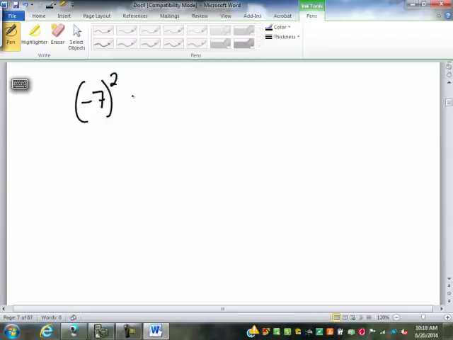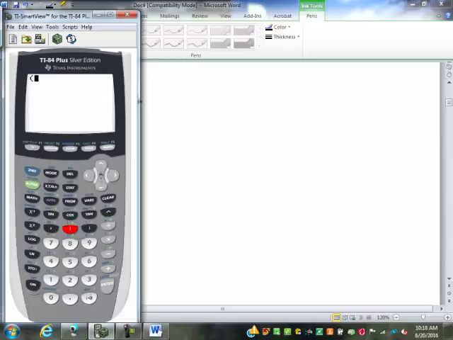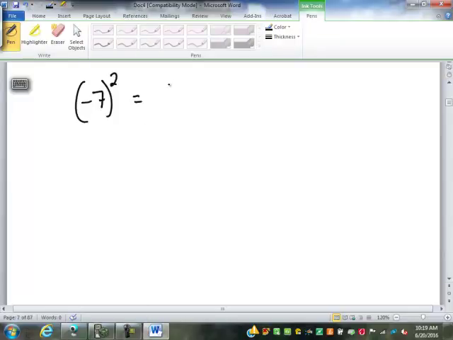Now we talked about this briefly. If I have to square a negative number, we must put the negative inside the parentheses and the power outside of the parentheses. So -7 squared, we would enter it in the calculator: parentheses, -7, close the parentheses, and x squared. You get +49.